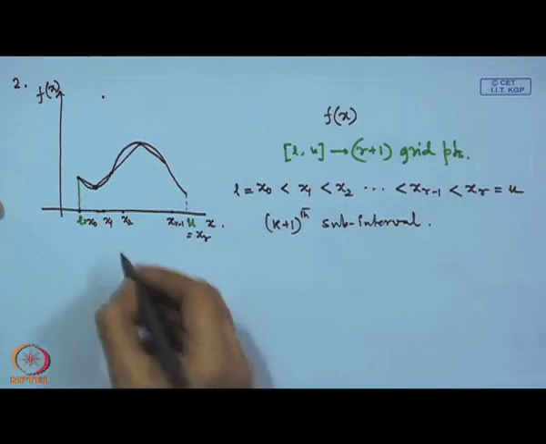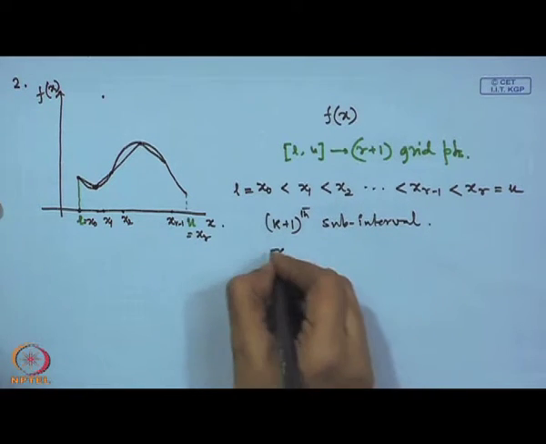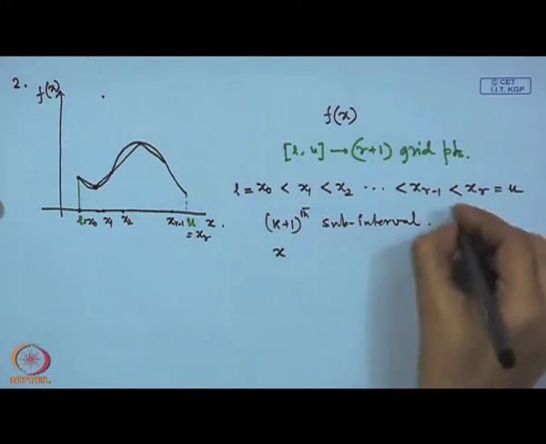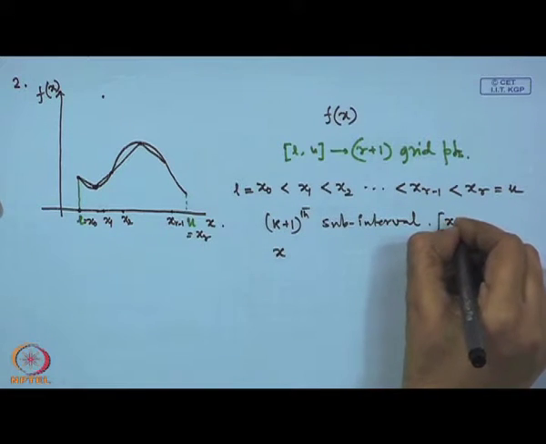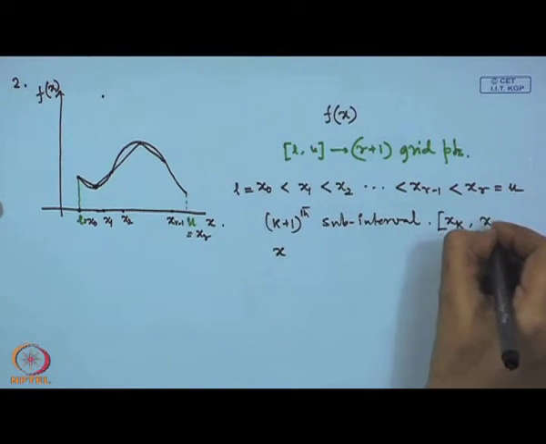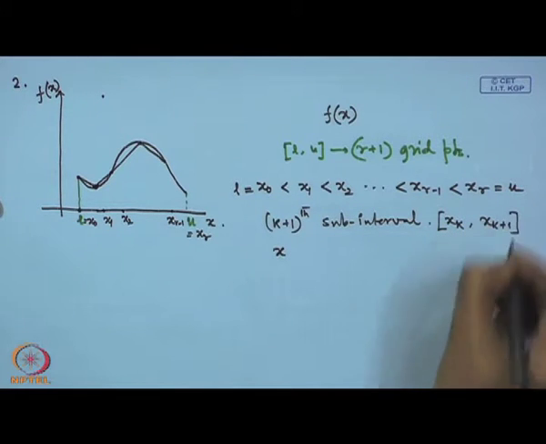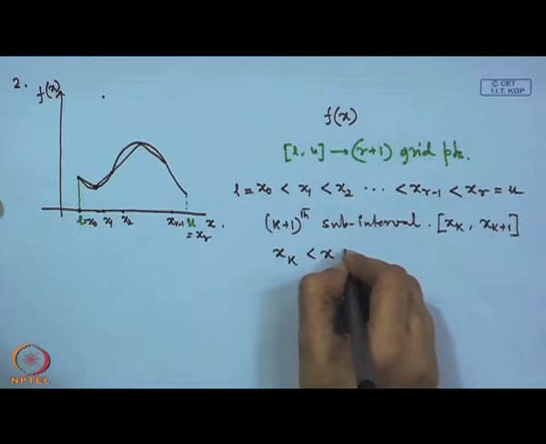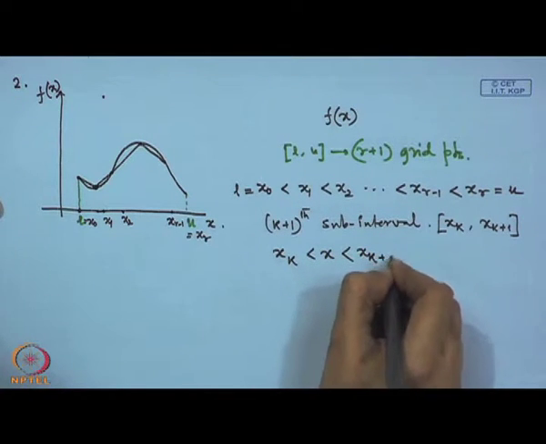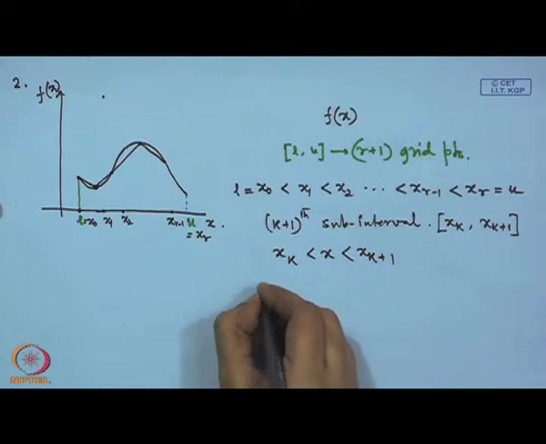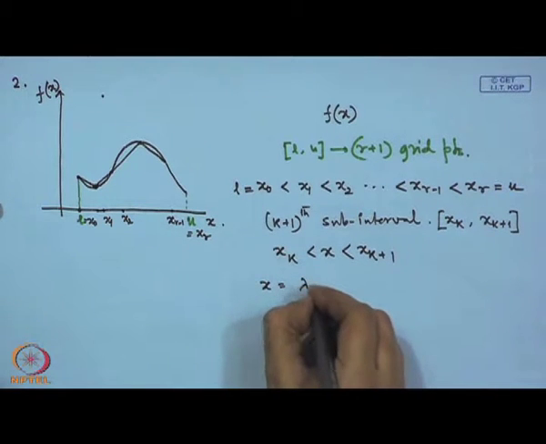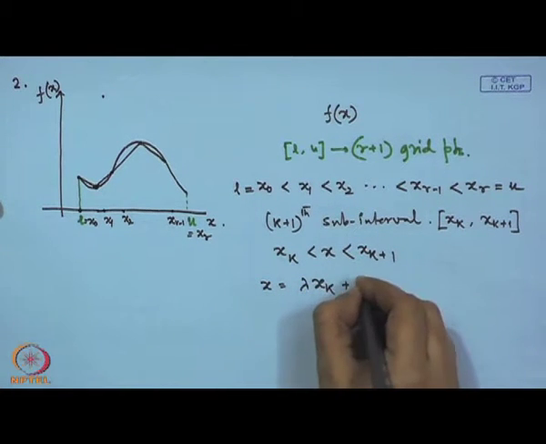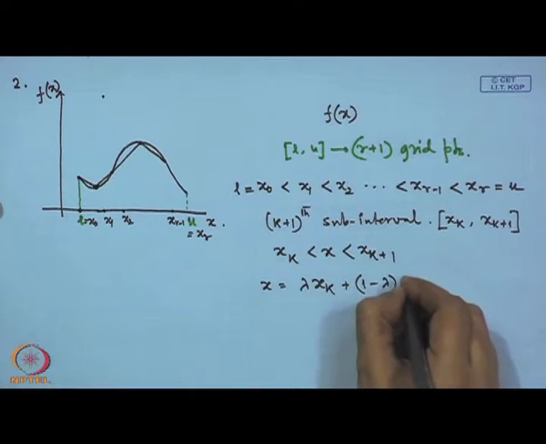Now, let me consider the (k plus 1)th subinterval, that is, the interval xk to x(k plus 1). Any point x in between xk and x(k plus 1) can be expressed as a linear combination of xk and x(k plus 1).